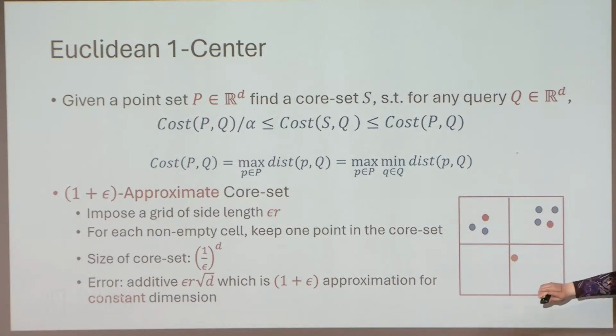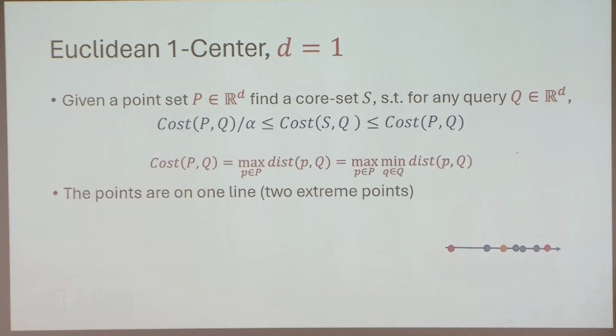So what if we want to go further than constant dimensions? Well, a similar technique to what I first described in the context of directional width works here. First, suppose that all the points are on a single line.